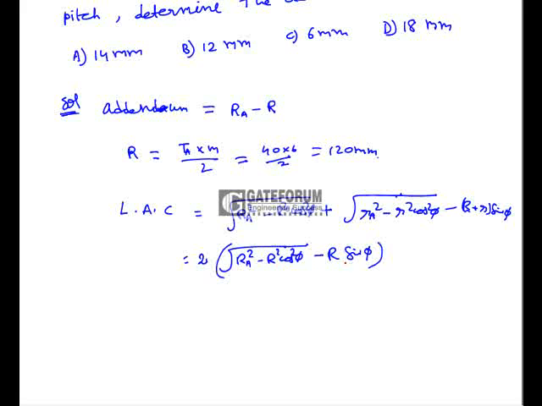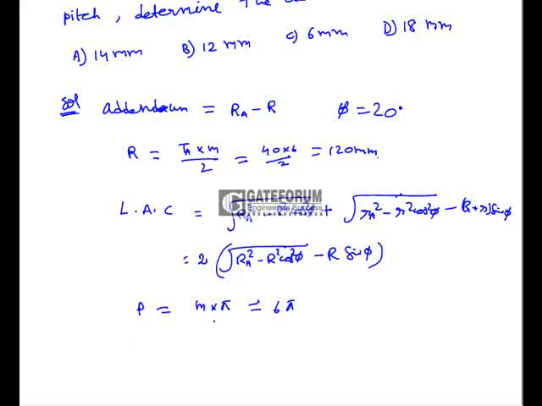Here R is a known value and phi is a known value, phi is equal to 20 degrees. And here we will have to find out the length of arc of contact. The length of arc of contact is given as 1.75 times the circular pitch, and the circular pitch is equal to module into pi, m pi, so it is equal to 6 pi.